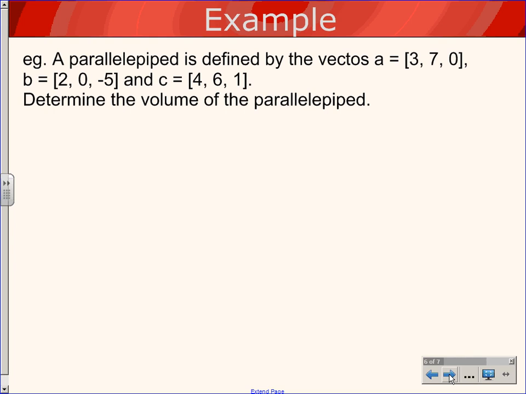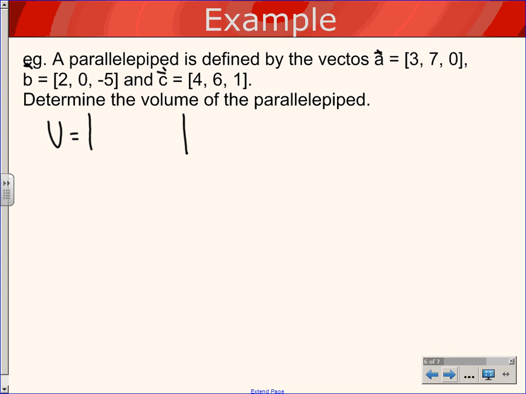So here's our example. It says the parallelepiped is defined by vectors A, B, and C. Determine the volume of the parallelepiped. So the volume is equal to the absolute value of the cross product of two vectors dot product with the third vector. Now what I want you to notice, I just finished saying the order doesn't matter, but we're going to have to do the cross product first.